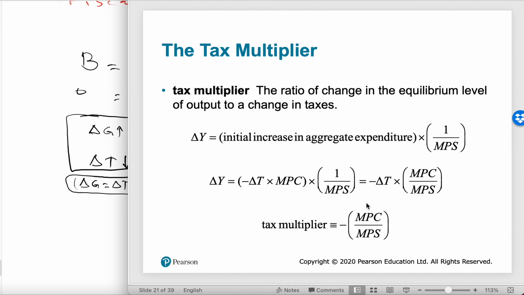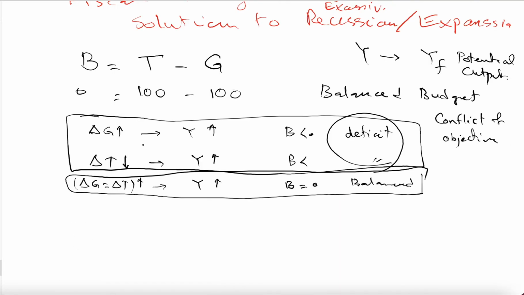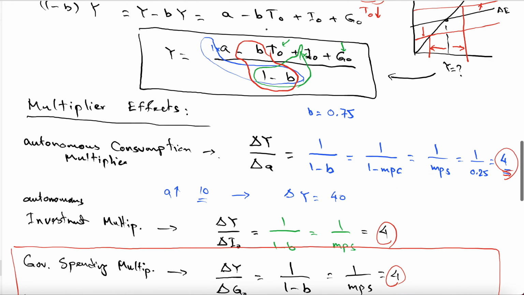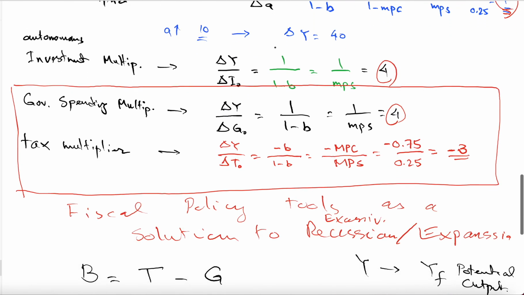How about the tax multiplier? With the tax multiplier, we showed it's equal to this one. In the numerator we have marginal propensity to consume, and in the denominator we have marginal propensity to save. This is what I proved here by having the general equilibrium condition, the level of output based on the exogenous factors.